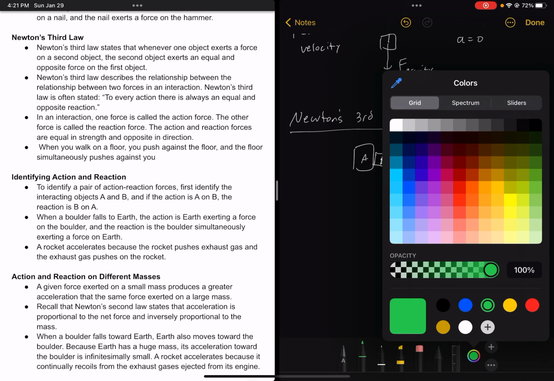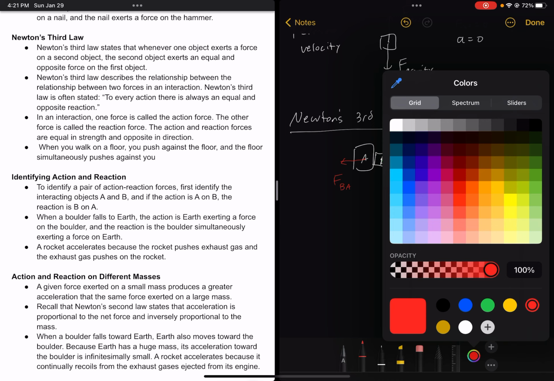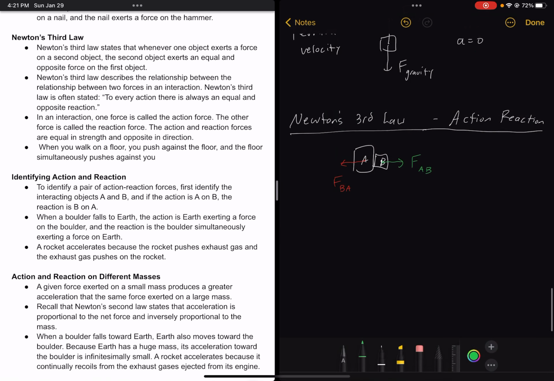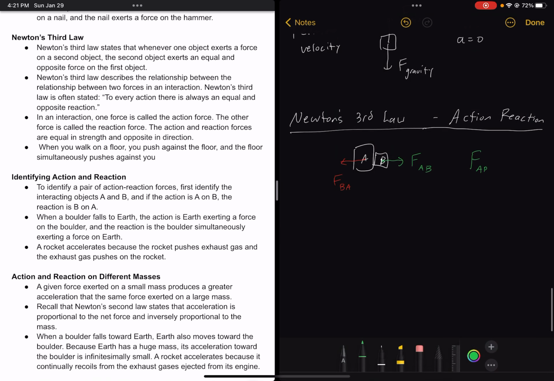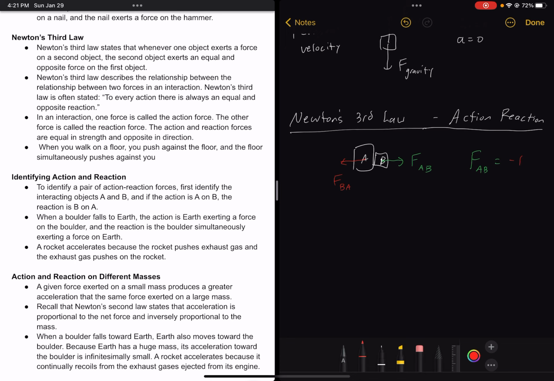And then the reaction is going to be the force of B on A. And that's what Newton's third law essentially states. So the force of A on B is equal and opposite to the force of B on A. So mathematically you would say negative because it's going the other way.